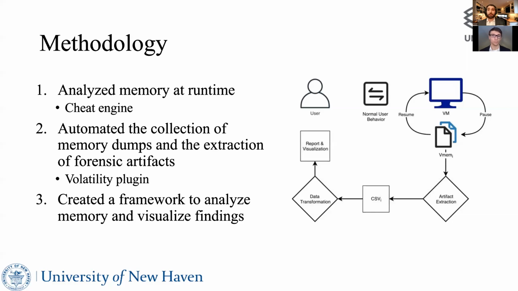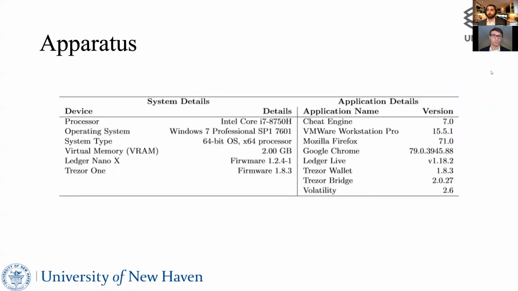After about an hour and about 30 different snapshots, that process would end, and then all those CSVs would be fed into our visualization framework, which would analyze the artifacts and give us our results. And these are all the tools and versions we used, in case you're interested in that.